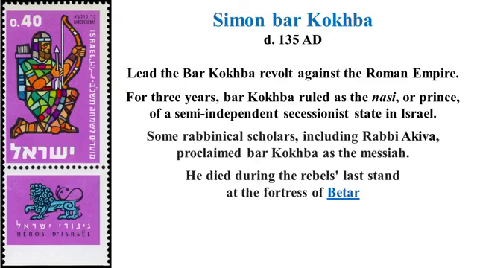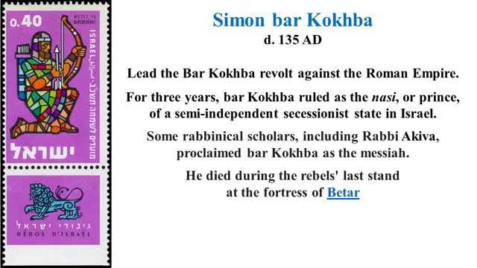Go way back to AD 135. You had a guy named Simon Bar Kokhba. He led the Bar Kokhba revolt against the Roman Empire. For 3 years, Bar Kokhba ruled as a prince of a semi-independent secessionist state in Israel.